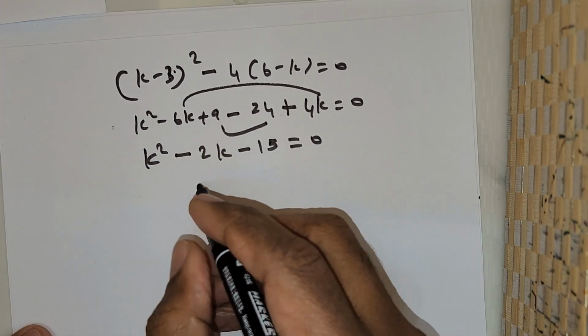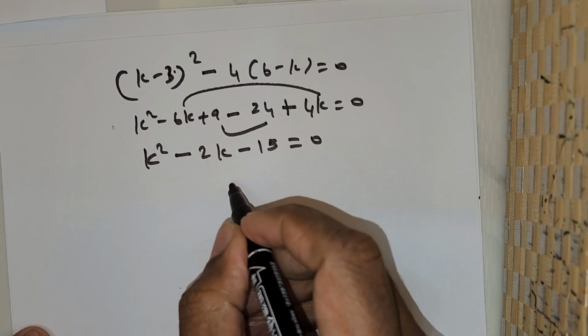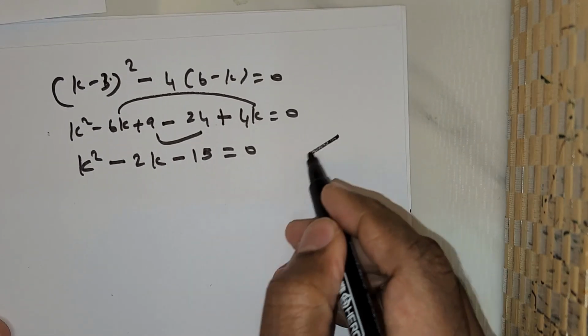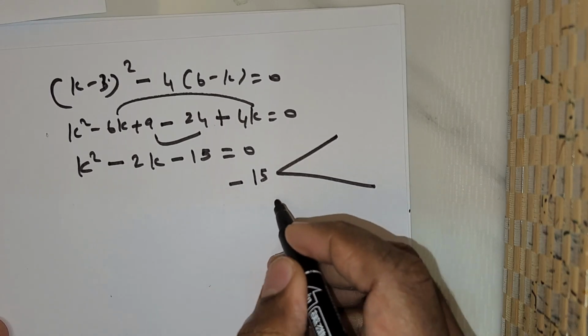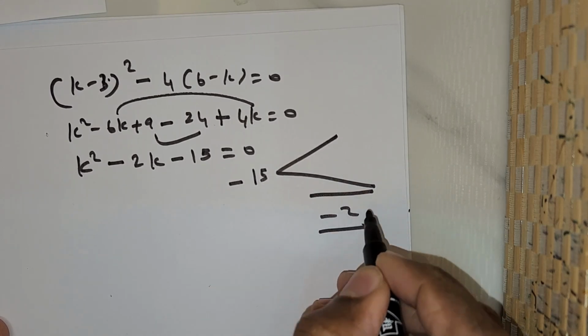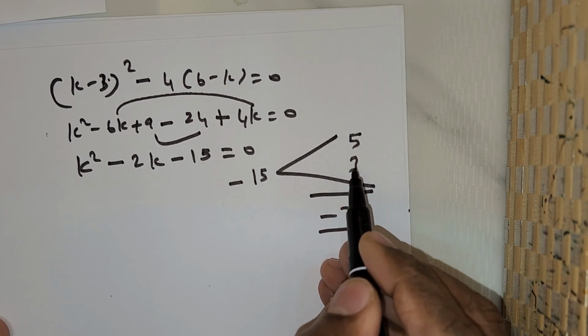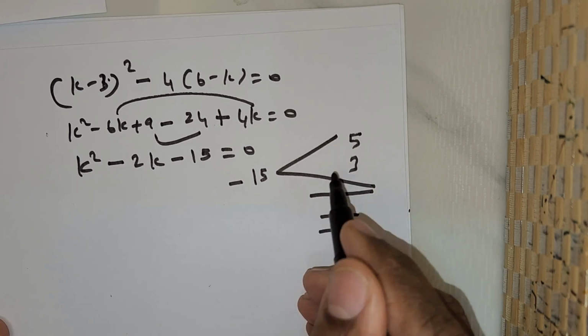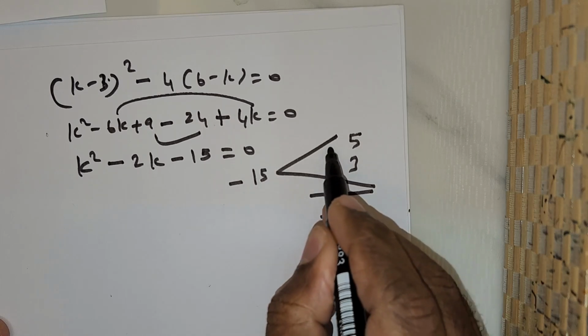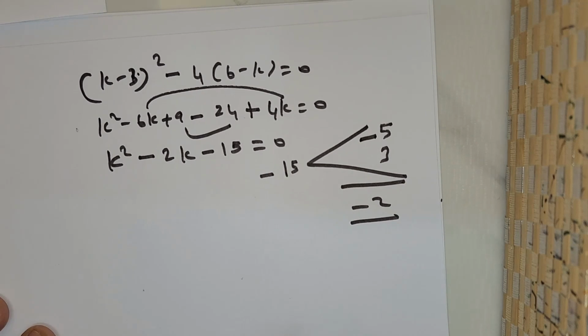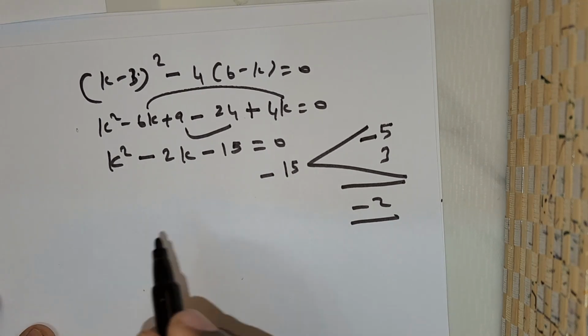Now if you were to factorize this and find the value, for example this is one way of factorization. You have -15 and you need to get -2 here. So 5 times 3 gives you 15. We need to get a -2 here and a -15. So I'm going to take this as a negative sign there, right?